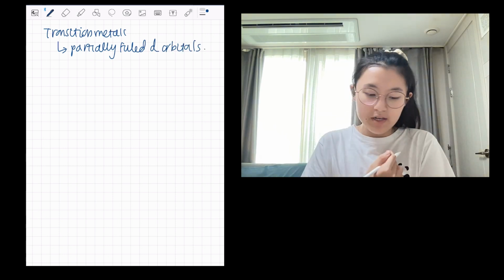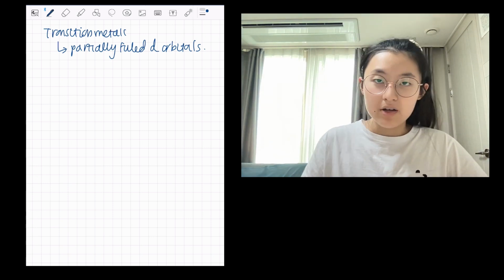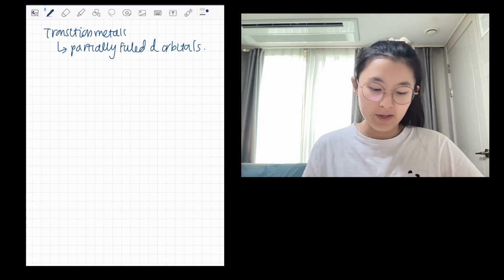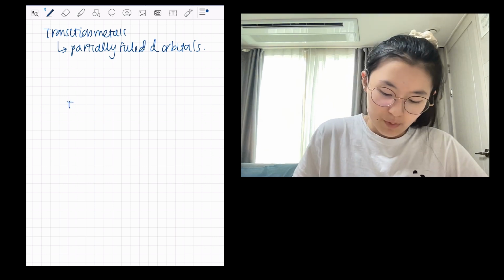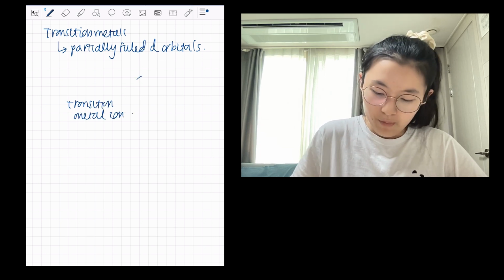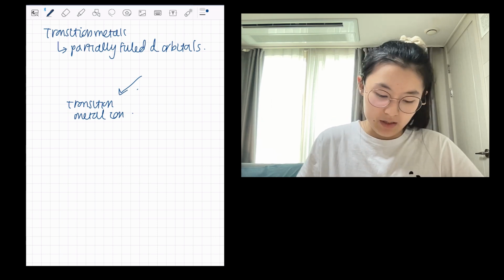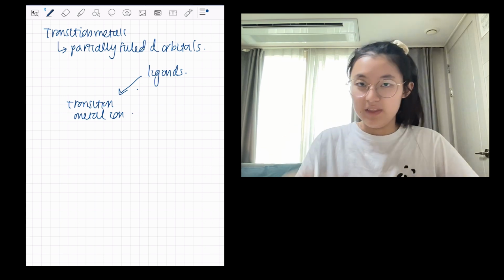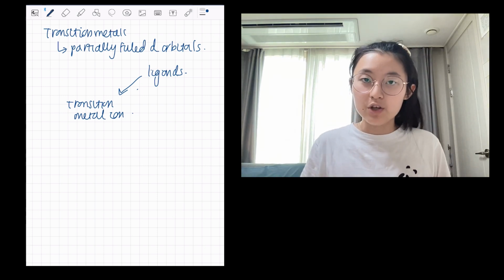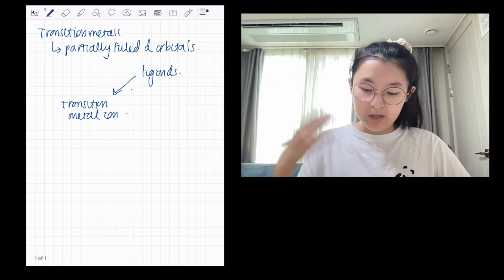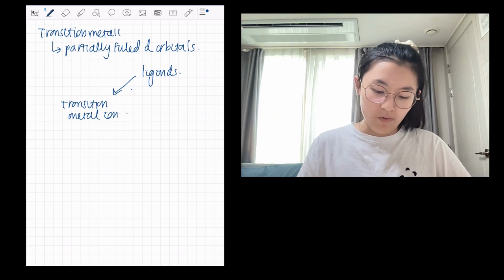That is important because when a central transition metal ion becomes a complex ion, as we've mentioned earlier, the transition metal ion will form what we call dative covalent bonds with ligands, which are molecules or ions that in this context have a lone pair of electrons, and this lone pair is offered by the ligand in the dative covalent bonding.